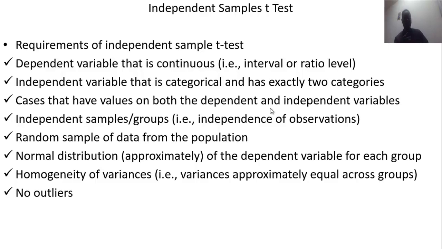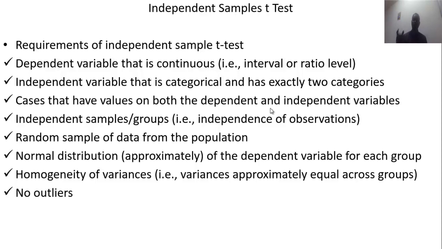Then, normal distribution of the dependent variable for each group. For example, in the example that we raised earlier, the exam test result, we are interested to test whether there is a statistically significant difference between male students and female students.